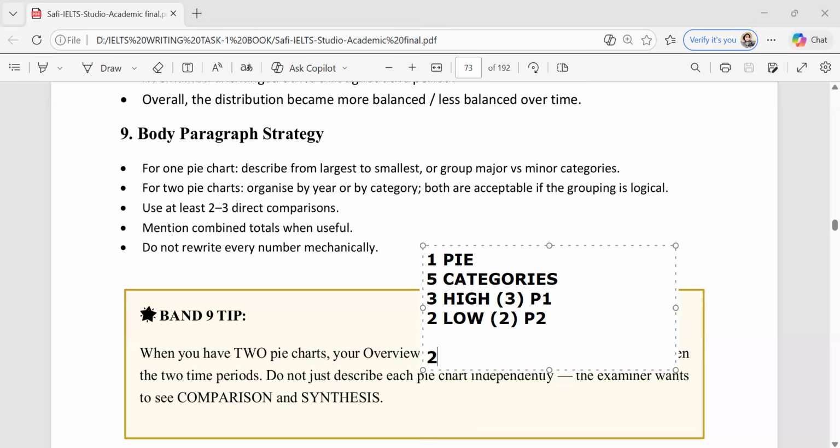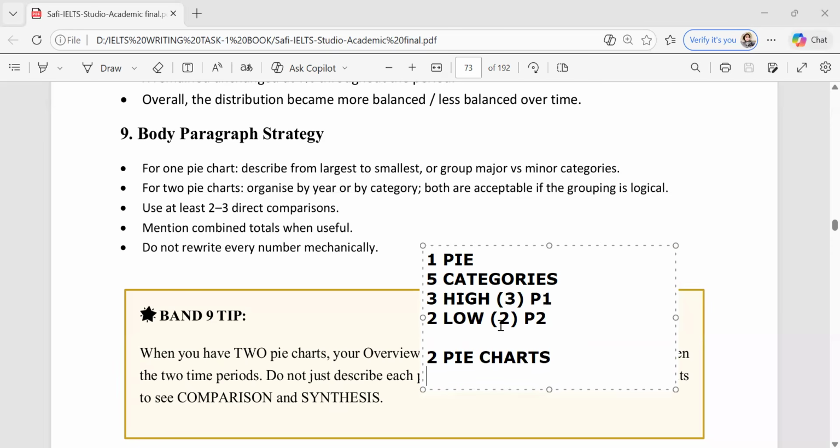But if there are two pie charts, what we can do is quite simple. One main body paragraph on one chart and the second paragraph on another chart. As there are two charts, we can divide based on paragraphs. The first para for pie chart 1 and the second one for pie chart 2.